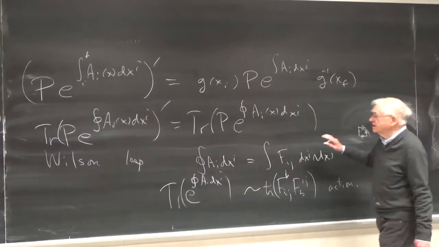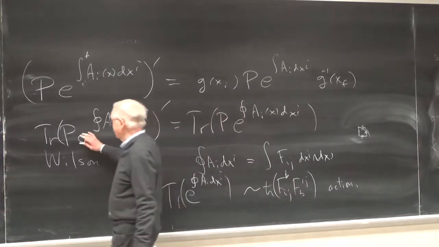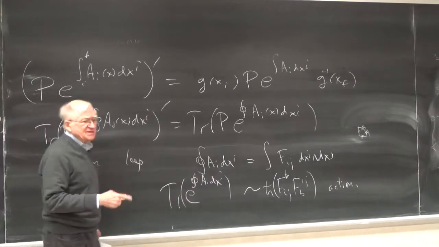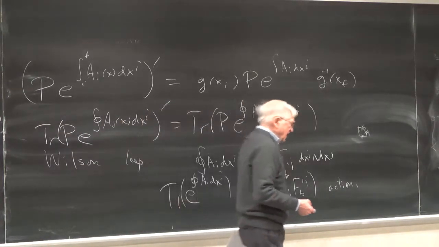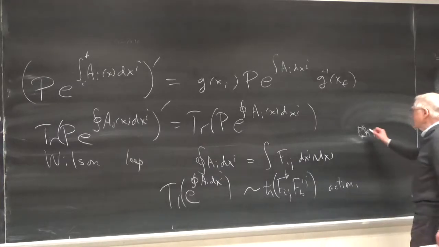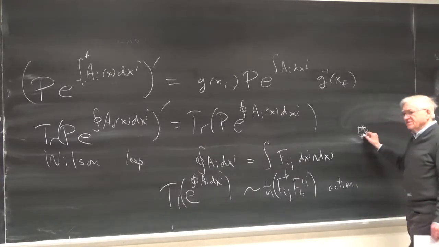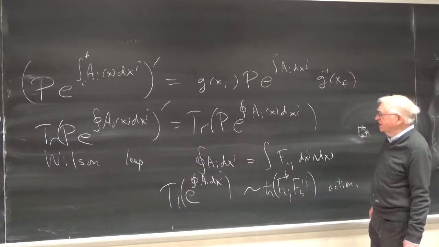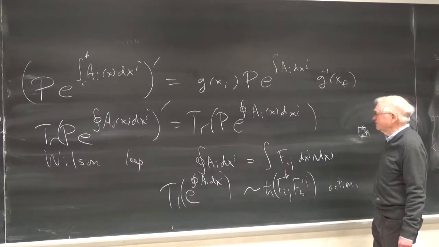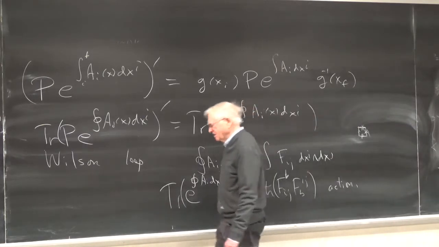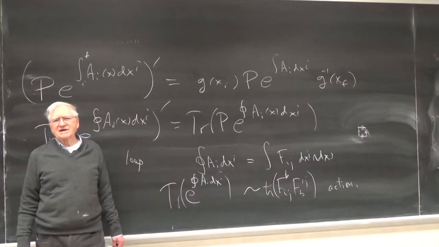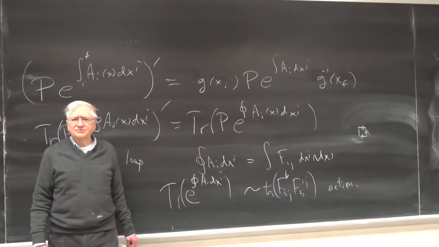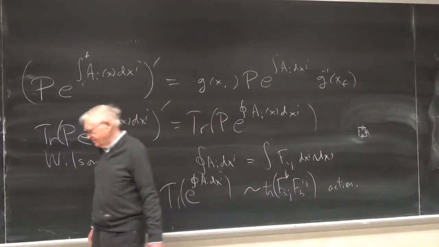And if you take then a path-ordered product around a loop, around a tiny square, and then take the trace, you get something proportional to the action. That's in the limit in which the size of the tiny square, or plaquette, goes to 0. I've always been bothered by this for various reasons, but I don't think I'm going to explain them today. So I think maybe we could quit now. Do you have a question? No. Maybe next time. Okay.